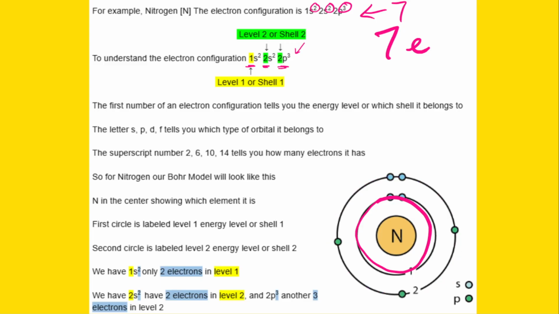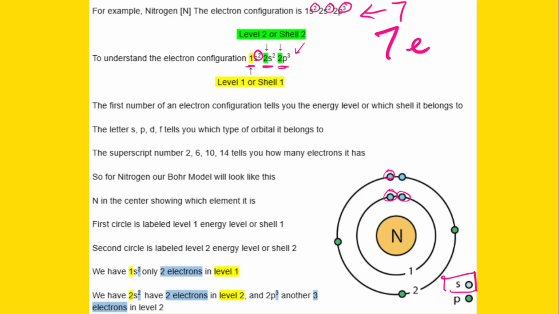Okay, and then on energy level number 1, I have 2 dots or 2 electrons on there. So that's why there are 2 blue electrons right there for the s orbital. And the second energy level, I have 2s2.